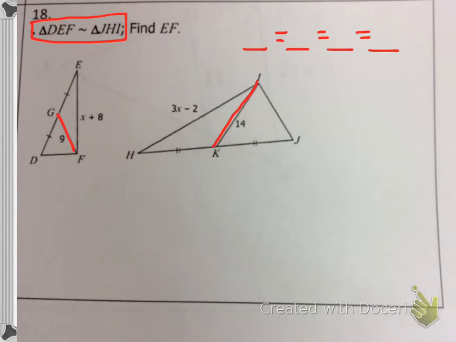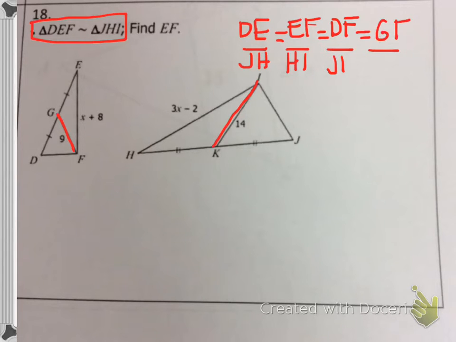So first two letters, DE, that relates to the first two letters of the second triangle, which is JH. Then we've got the last two letters, EF, which relates to HI. Then we have the first and last letter, DF, which relates to JI. And then last but not least, the medians are also the same ratio, GF, which relates to IK.